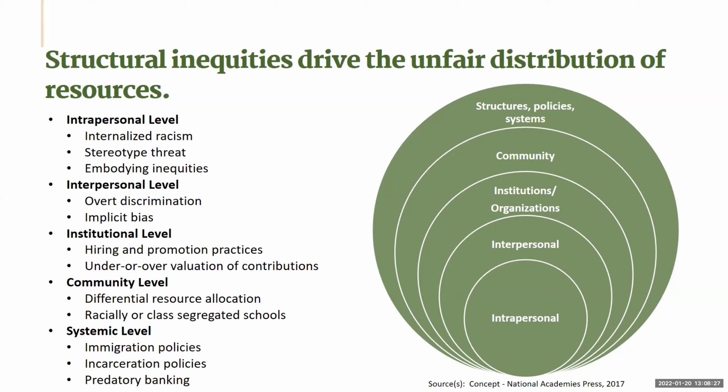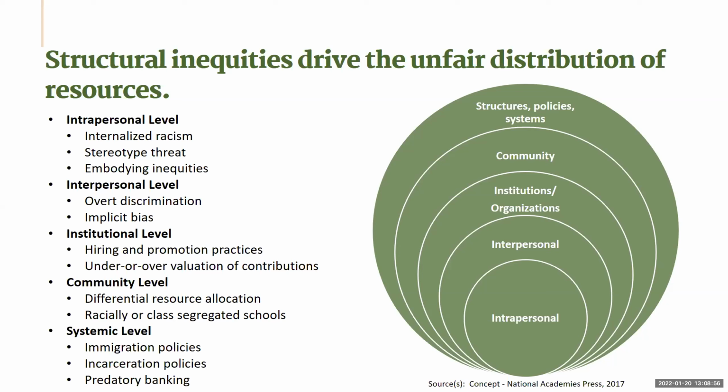At the community level, racially or class segregated schools. You see a lot of schools that are segregated by socioeconomic status. And that has to do with historical reasons, and we'll get into those as well. Even though some of the segregation that we might see in neighborhoods is due to personal preferences, it is often related to those interpersonal relationships.